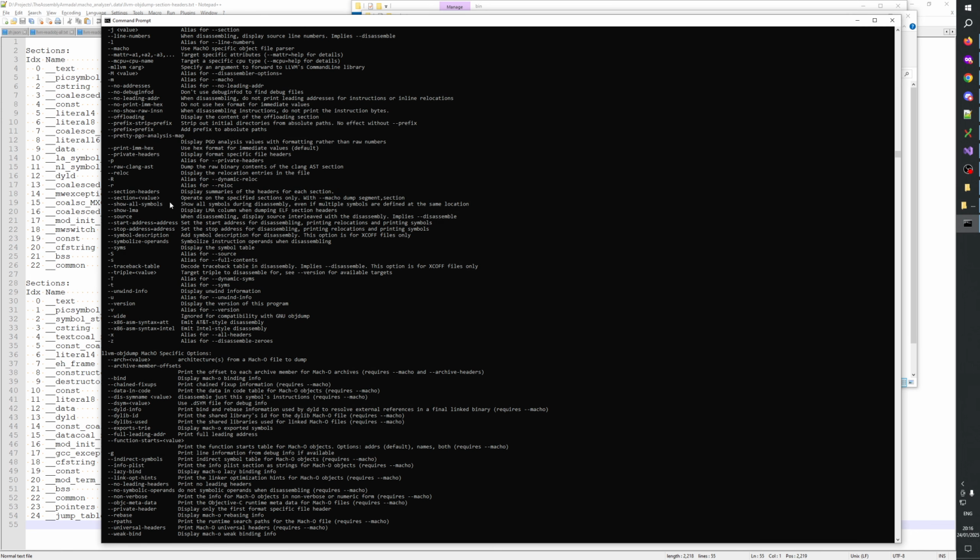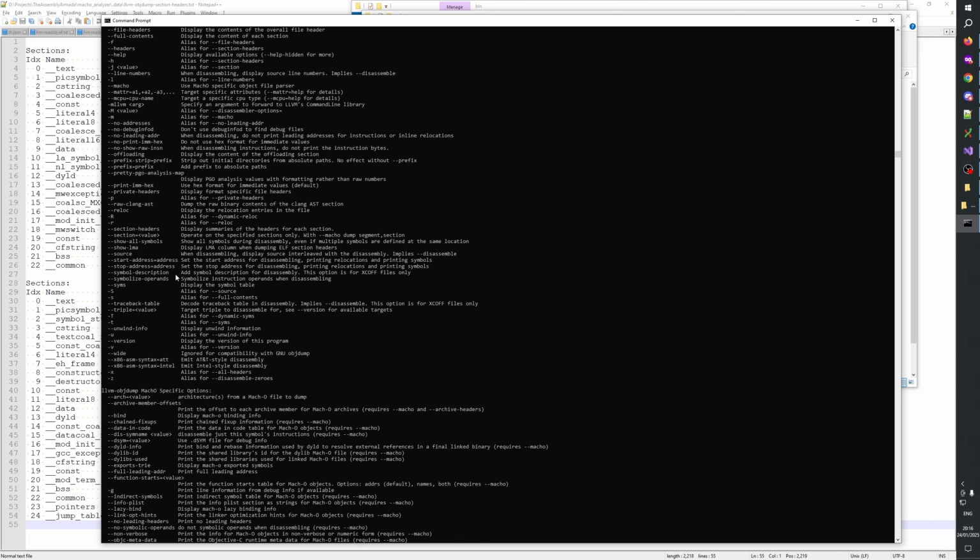Good. Let's see. Show all symbols. Display LMA column when dumping ELF section. Display the symbol table. Add symbol description for disassembly.